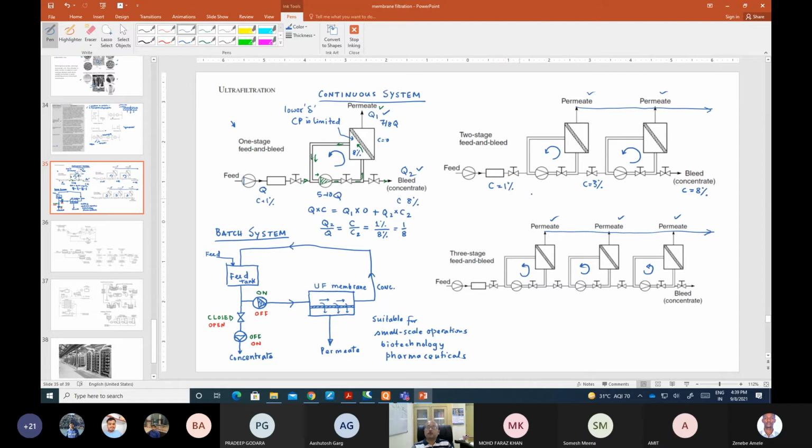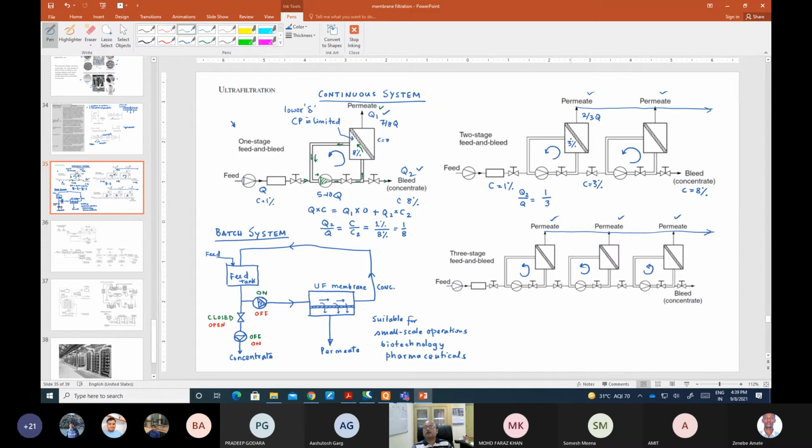Now if you do the mass balance again, you will see that here Q2 by Q is nothing but equals 1/3, right? And you are actually getting 2/3 of Q as your permeate. And in the next stage, what is the solution concentration the membrane is seeing?